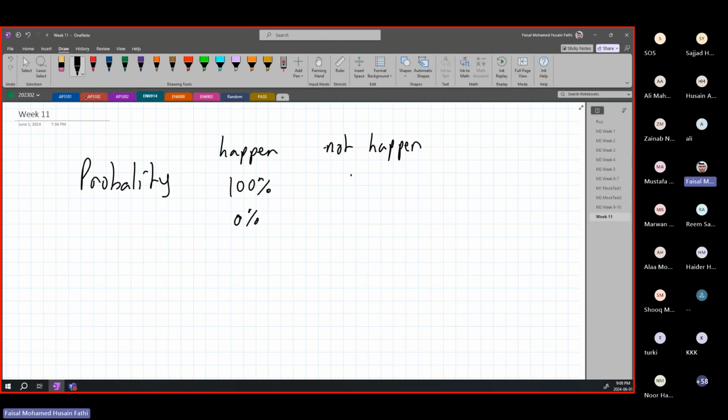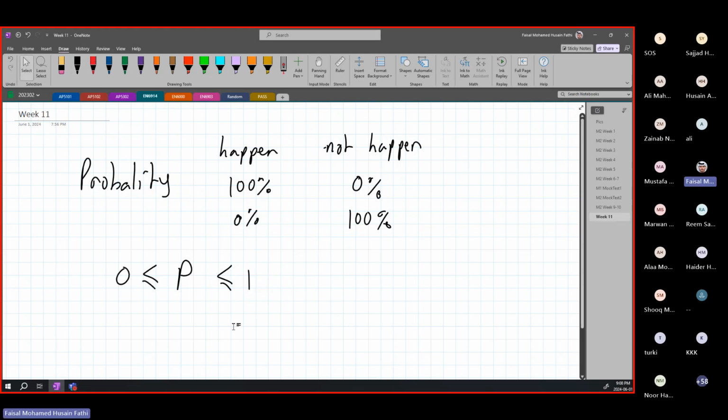The same thing with whether or not it will happen. It can either be 0% or 100%, or a value in between. In other words, the probability is going to be either 1, 0, or a number in between. So probability has to be between 1 and 0 at all times, 1 meaning 100% and 0 meaning 0%.